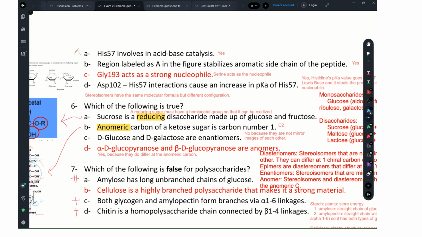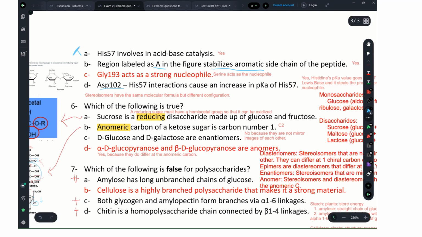Okay, so histidine 57 is involved in acid-base catalysis. Yes, it does. Okay, B, the region labeled as A in the figure stabilizes the aromatic side chain of the peptide. Yes, it does. We just went over that.